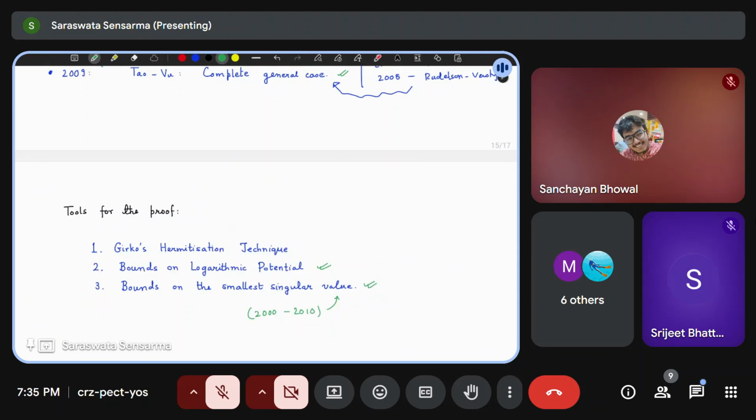Number 2 is mostly not too hard in general, but number 3 is harder, like getting bounds on the smallest singular value. The moment you get a bound on the smallest singular value, you can try and prove the circular law for such matrix ensembles. However, IIDness is, I think, important in all cases. It's very hard to get rid of that. But for Wigner matrices, you can get rid of that condition.